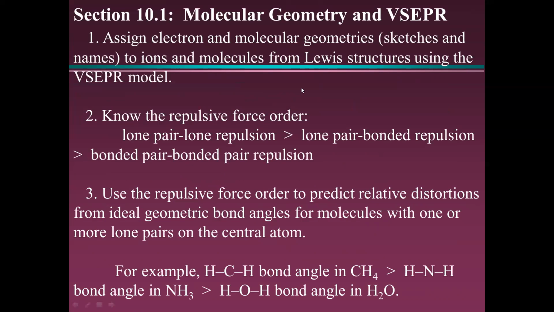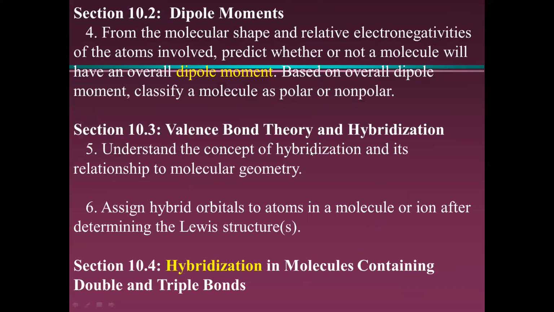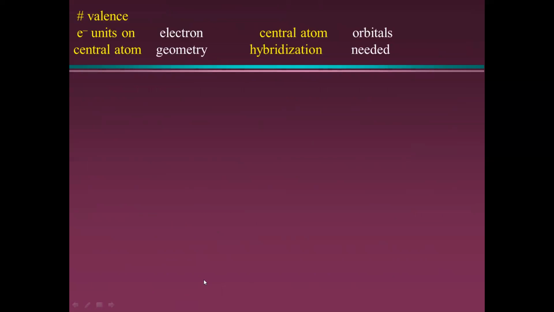For example, the learning objective I gave you says you should know how to draw Lewis structures and determine the geometry using VSEPR theory, and we also taught the repulsive force order, and the dipole moment we learned, and also the hybridization. What type of hybridization is what we are teaching now.